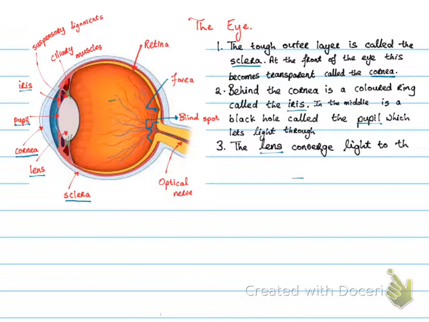The lens converges light to the fovea. So it focuses light to the fovea or anywhere along the retina, but the fovea is the most optimum point.